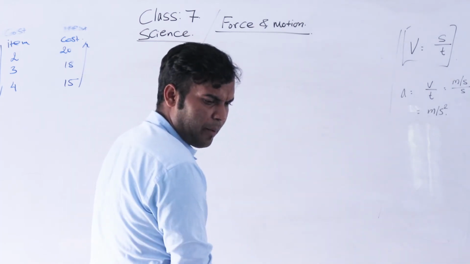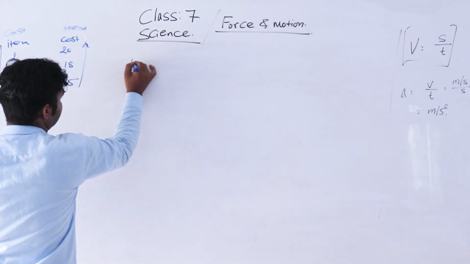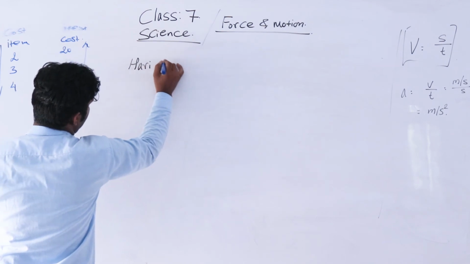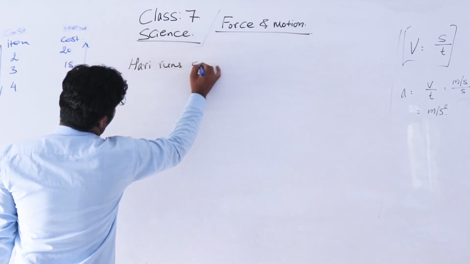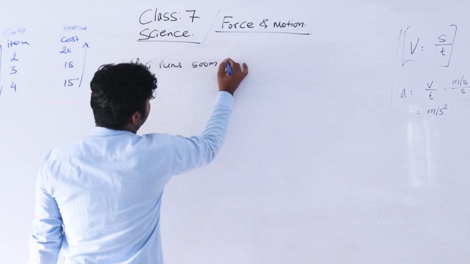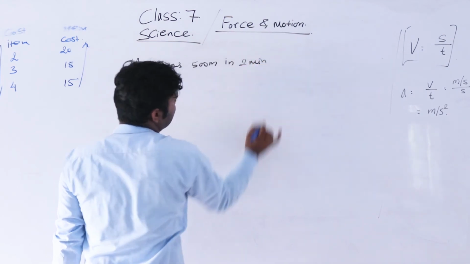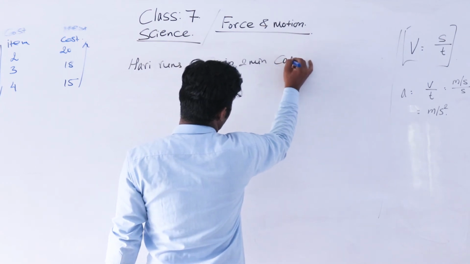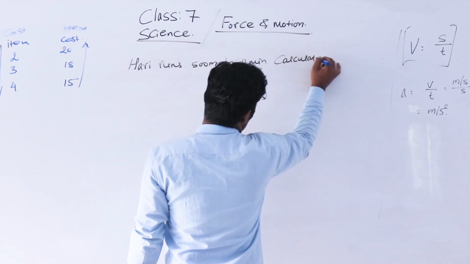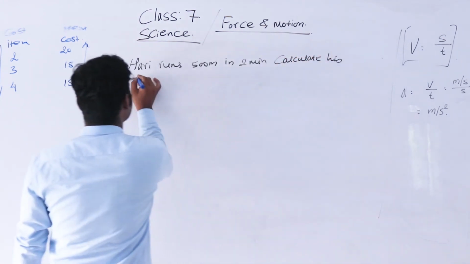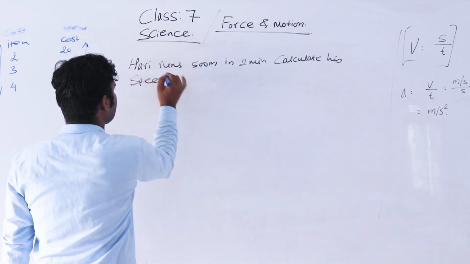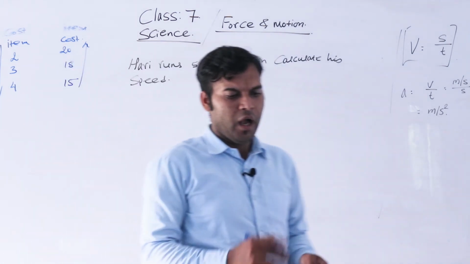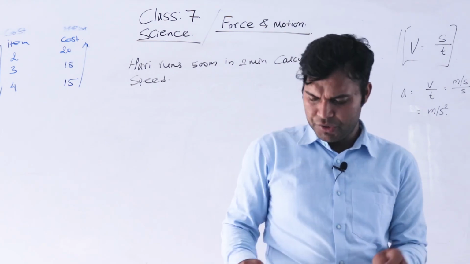Hari runs 500 meters in 2 minutes. Calculate his speed. Solution.